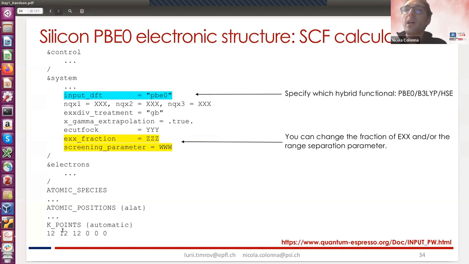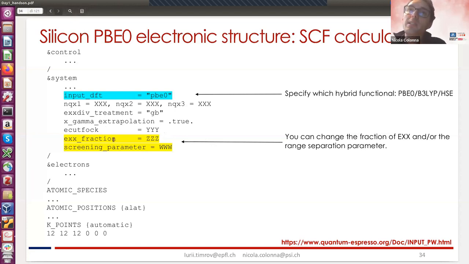It needs to be a divisor of this number. And then we instruct the code to use the Gygi-Baldereschi scheme and to use an extrapolation for gamma, where we have this singularity. And then there is ecutfock, a converging parameter that you can modify if you want to speed up the calculation.